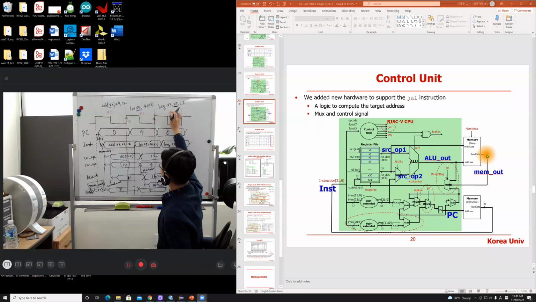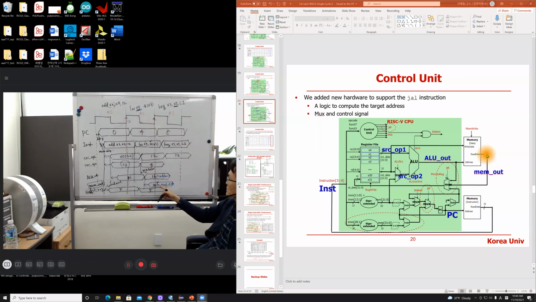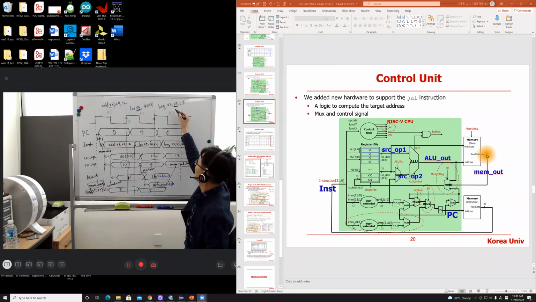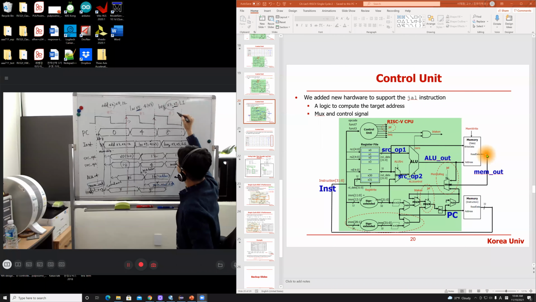X5 just got updated by the previous instruction, but we don't know what it is, because it is the mem read data. So the CPU will do a subtraction operation to compare these two.